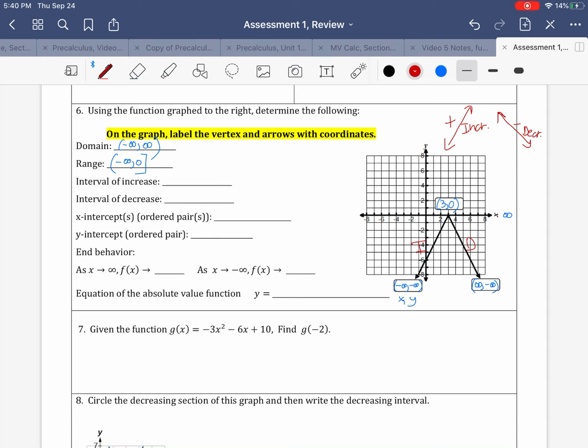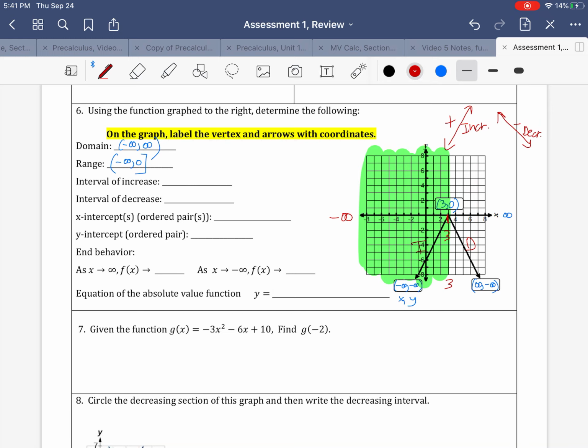Now, where that section breaks, the reason it increases on the left and decreases on the right, it changes there. It's increasing all the way to this area. So this whole section of my graph is increasing. What I'm going to do is name that section. That section goes from negative infinity, and look at where it stops. It stops right here at 3. So that's my increasing section.